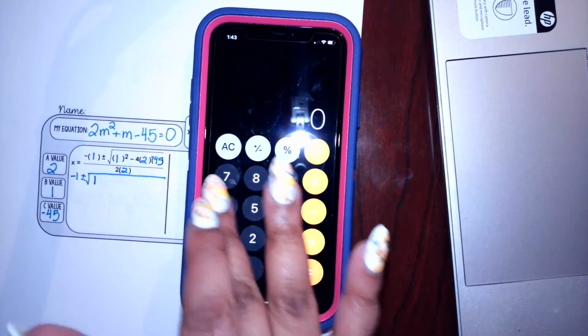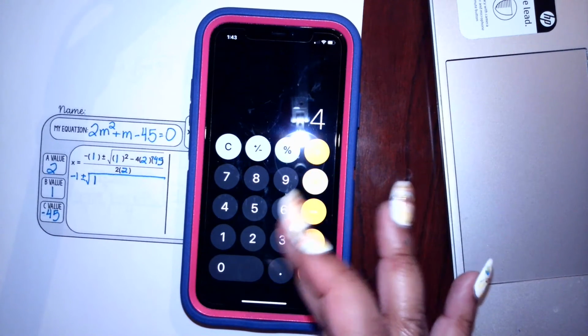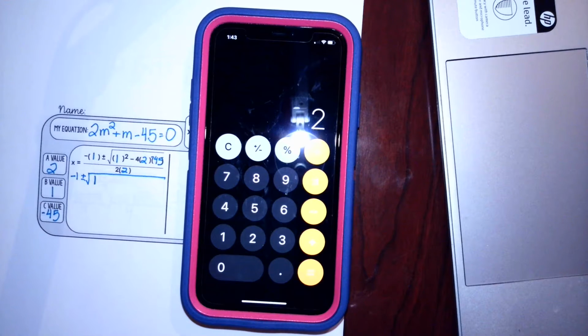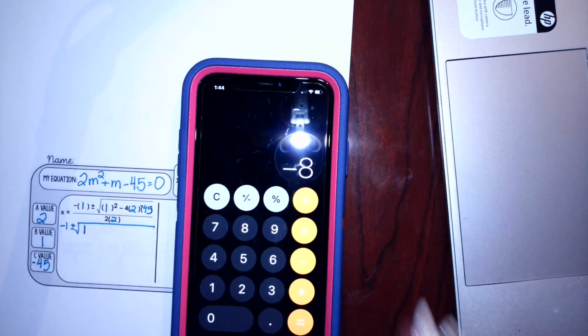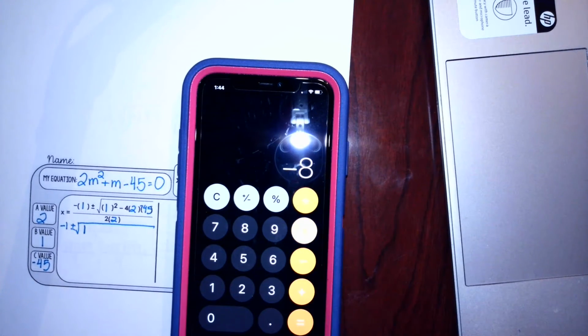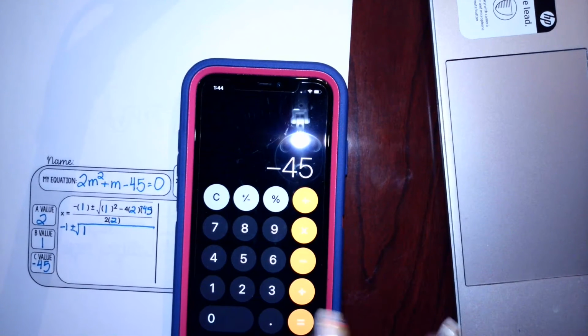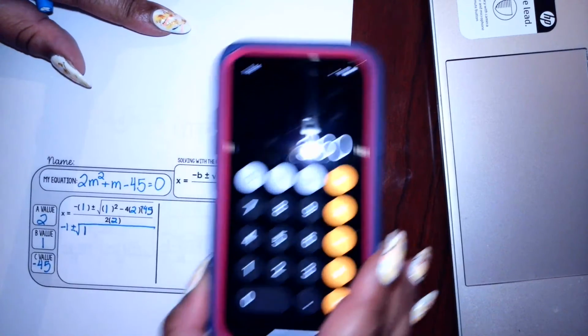So we're going to do -4 times 2, and it's going to give us -8. Can you see the negative? There you go. -8, and then we're going to do times 45, and then add the negative, and then equals. And it's 360.